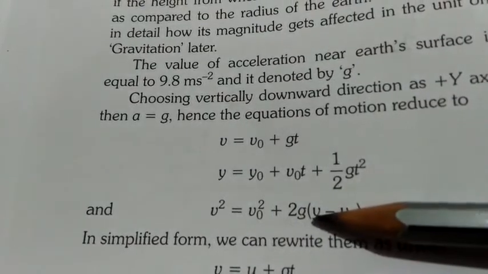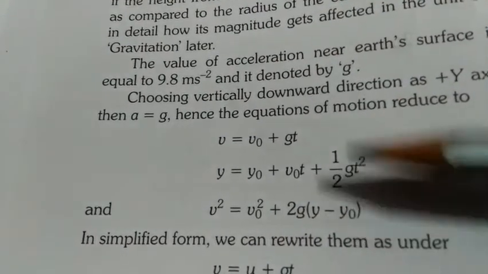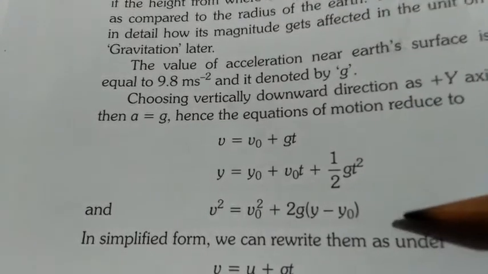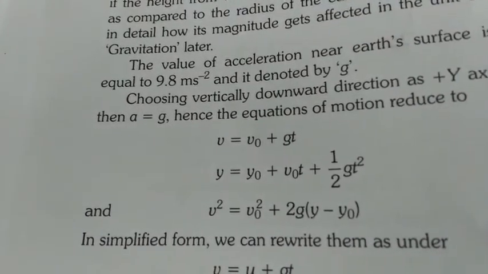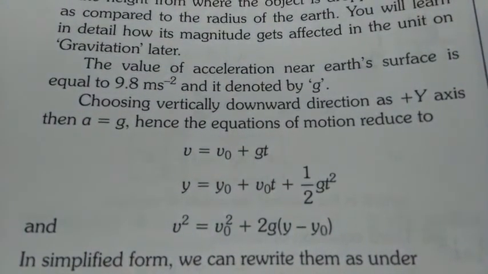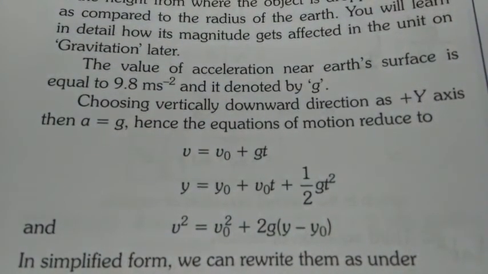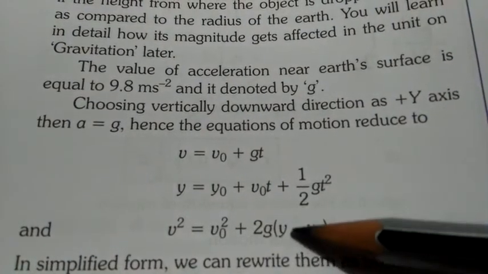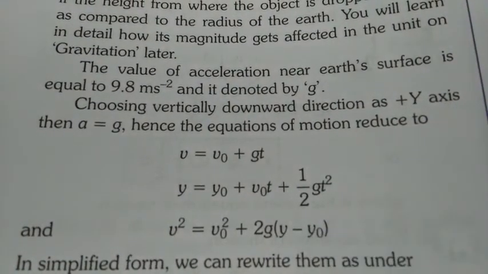So in place of x we can put y. Are you understanding this? If a body is falling from a height, that means it is falling under gravitational force. So at that time we can replace acceleration by gravitational acceleration and the coordinate x by the coordinate y.